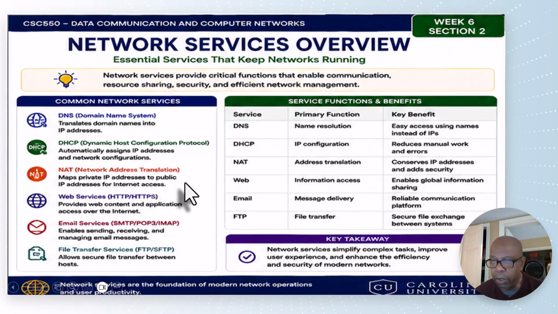NAT, network address translation. We talked about having private IP addresses previously. It was like week 4. So this is saying, if I'm using a private IP address internally within the LAN, but I need to go outside of the LAN, then I'm going to need a physical IP address.